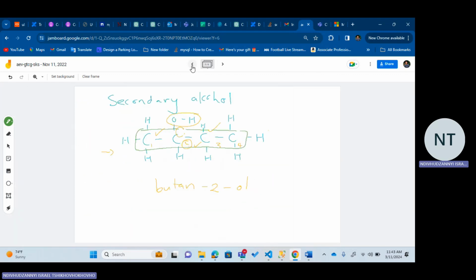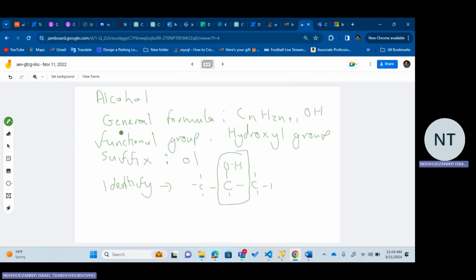So a quick recap. Under alcohol, you should know your general formula. They might ask you what the general formula of this alcohol or structure is. Then what's the functional group? They might ask you this. So it's a hydroxyl group. The suffix is ol. To identify one, the C atom is bonded to OH. That's how you see that it's an alcohol. Then we have types of alcohol.